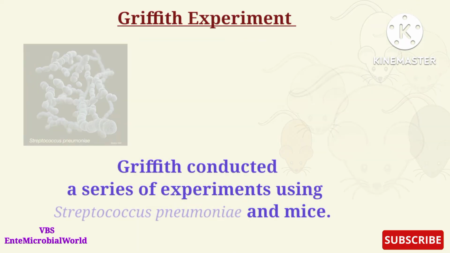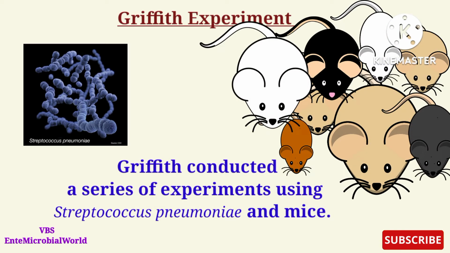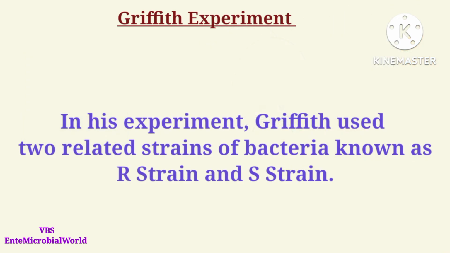Griffith conducted a series of experiments using Streptococcus pneumoniae and mice. In his experiment, which is popularly known as the Griffith experiment, Griffith used two related strains of bacteria known as R and S strain.